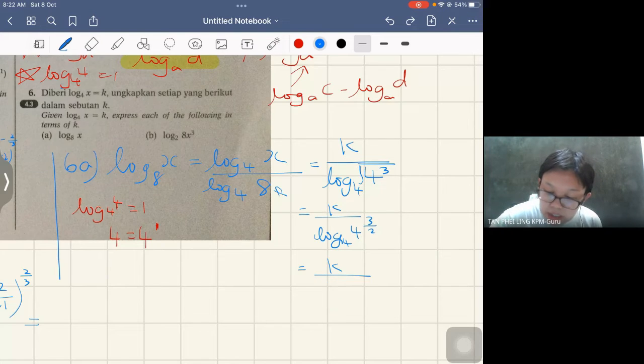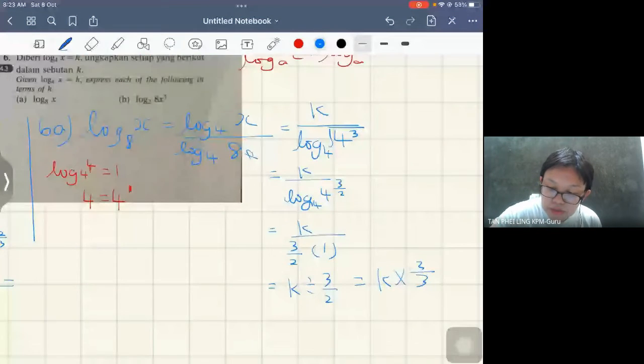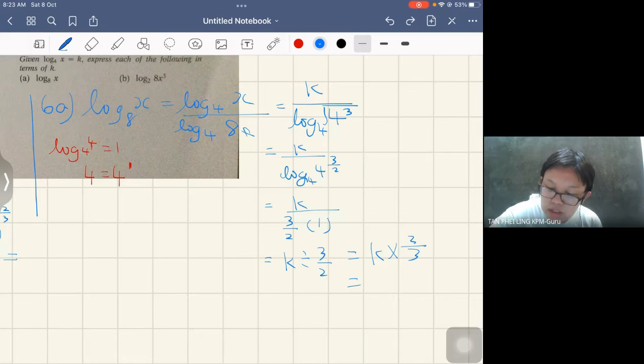Okay, meaning this one is over, and then it is 3 over 2. Log 4 base 4 is 1. Okay, so I will have k divided by 3 over 2, which equals to k times 2 over 3. That's why my final answer will be 2k over 3. Is that okay?